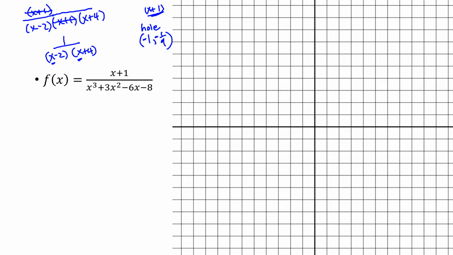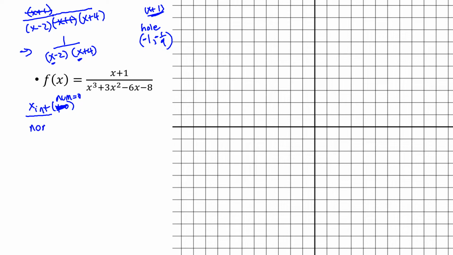Let's see if we can find some of the other attributes. So for the x-intercept, it's going to be anything that's going to make the y value equal 0. And remember that for a fraction, the only way that the y value will be 0 is if the numerator of our fraction is equal to 0. So what will make this numerator equal 0? Nothing, because it's just 1 forever.